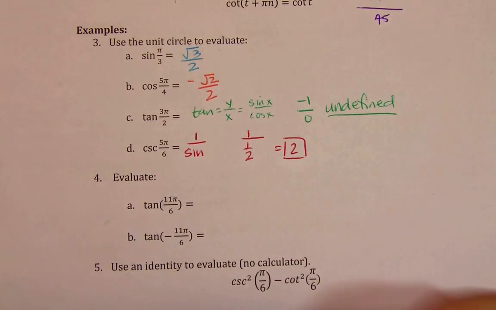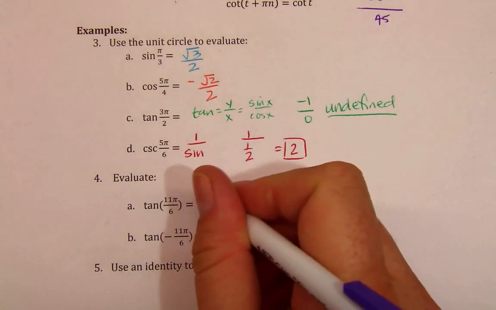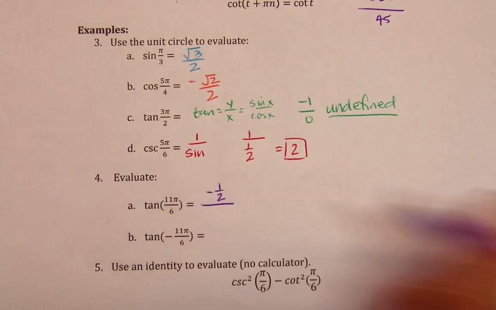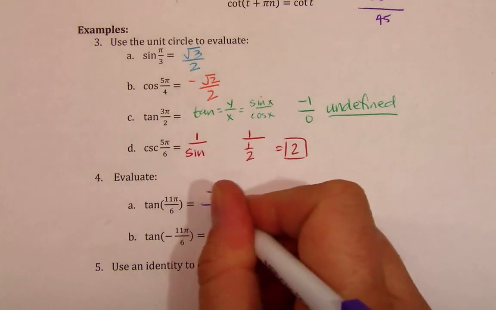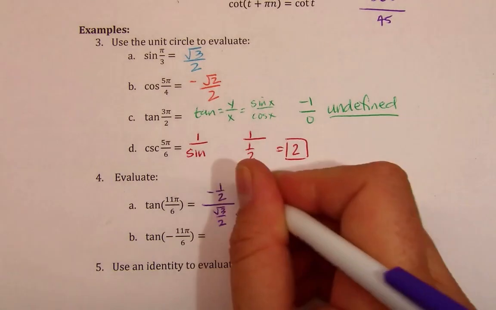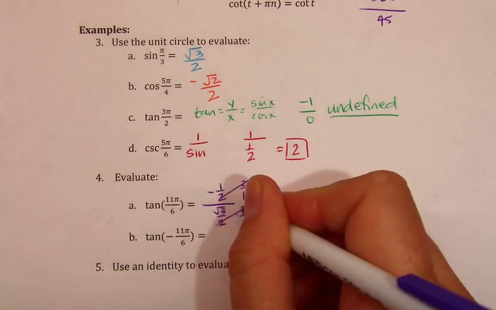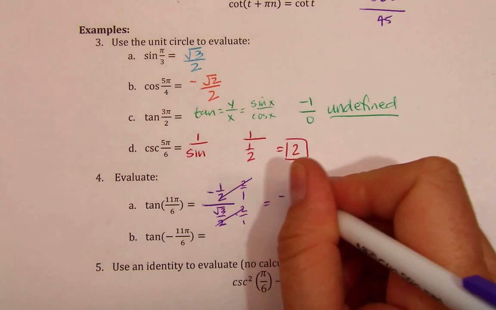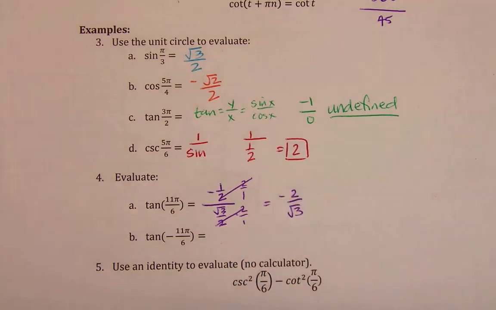Tangent of 11 pi over 6, well, that would be sine over cosine. So -1/2 is the sine value. The cosine value is root 3 over 2. If I multiply by 2 over 1 and 2 over 1, denominators cancel out, and I have -2 over root 3.